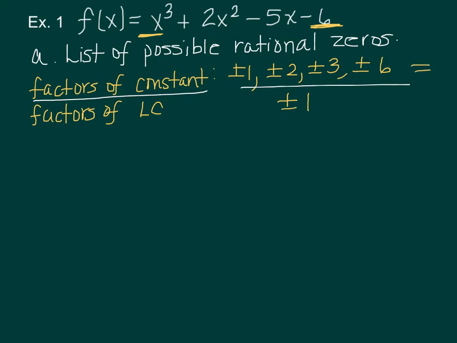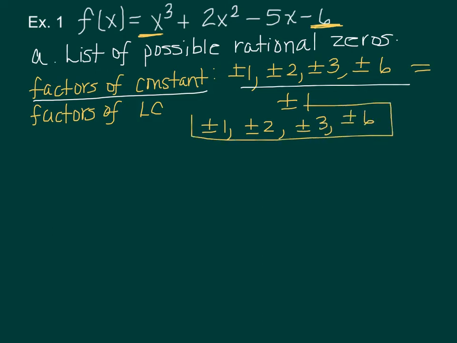So you divide each term by the 1 in the denominator, and then you will get your list. Those are your list of possibles. Remember, your degree tells you how many there are in total, so there are a possible 3 rational zeros. We have to find the solution.